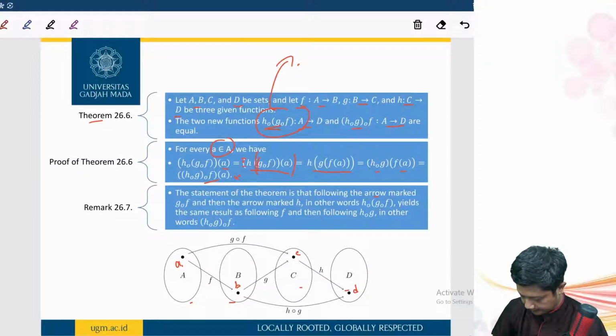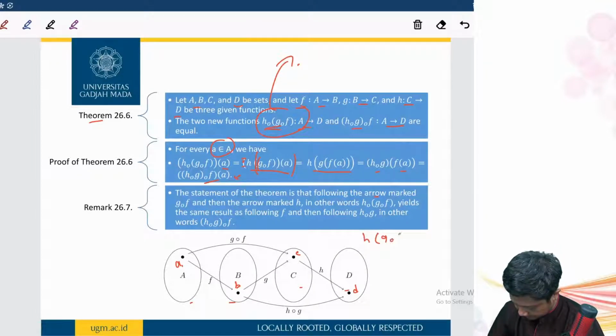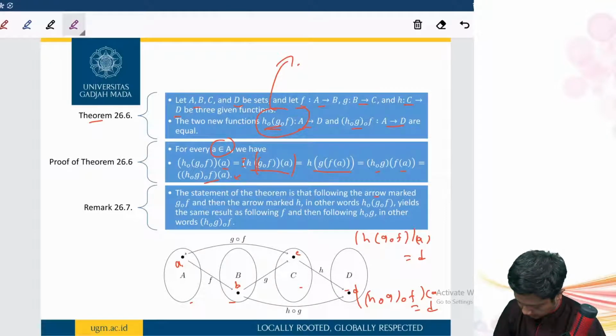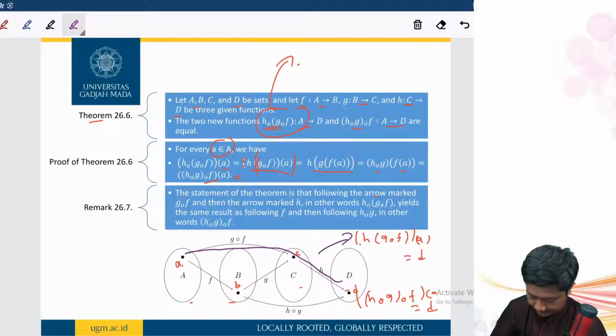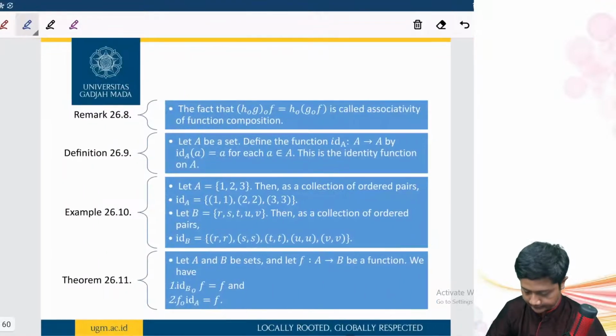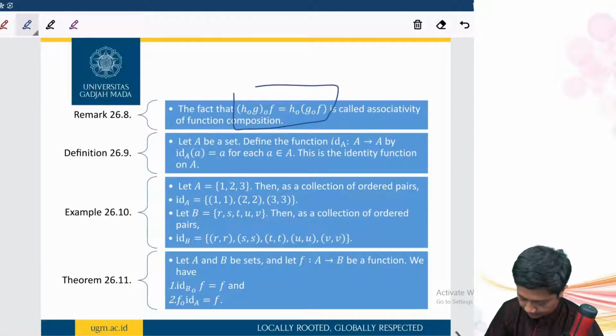And from here, we have g∘f here from a, this one will be equal to d. And if we use this way, we have h∘g, ∘f here, a. Then this one also goes to d. Okay, so this way is this, and then this way is this. Should be clear. And yeah, we have this fact, and we call it associativity, as I mentioned before.